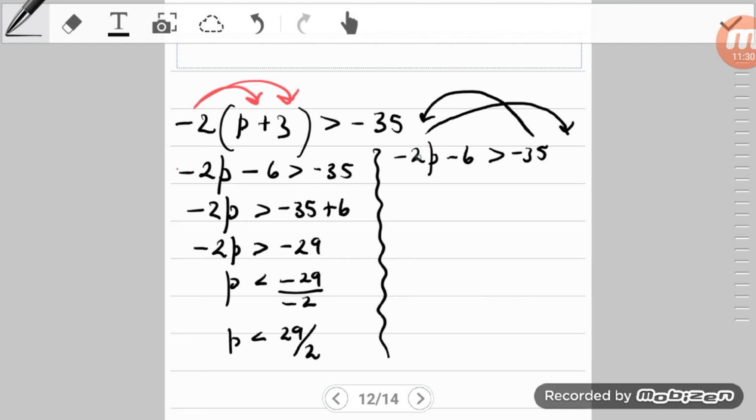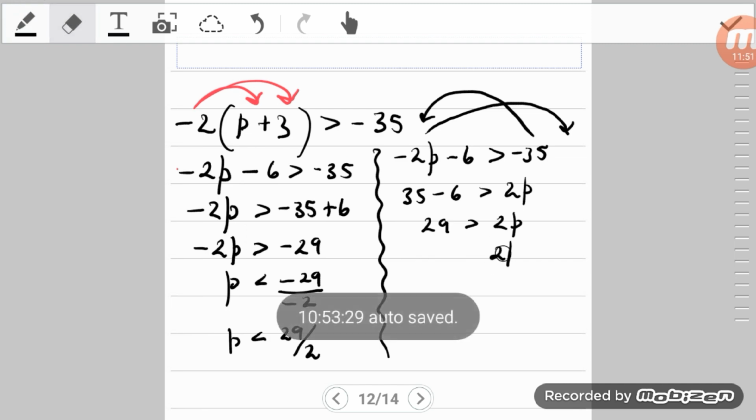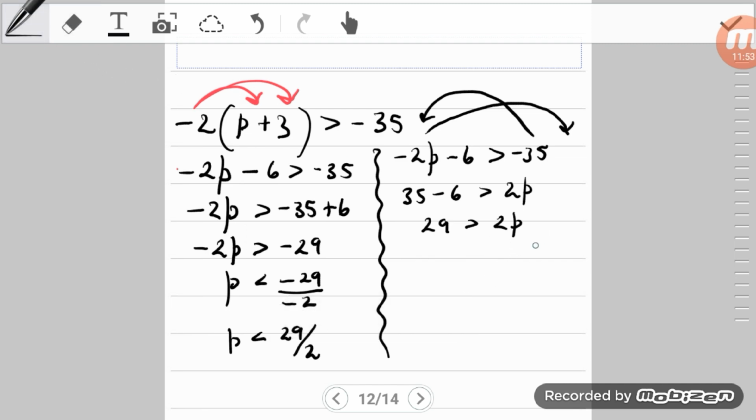But in this case, if I transpose the -35, I'm going to get +35 take away 6 is now greater than +2p. Now this is 29 is now greater than 2p. So if you were to divide both sides by 2, you'll find that p is going to be less than 29 over 2. I attain my result quicker.